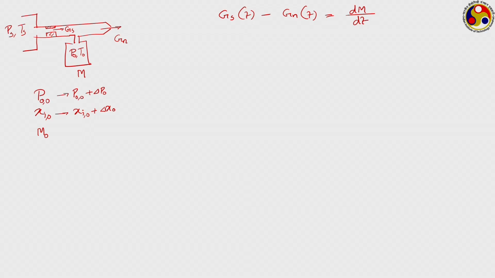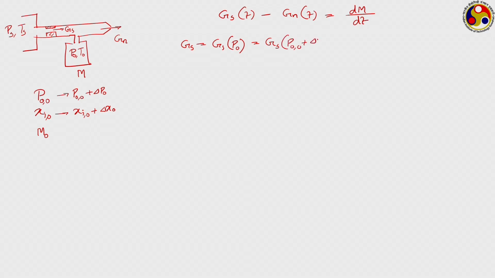So, now if we write Gs, Gs is a function of what? Ps being constant, Gs is a function of P naught only. So, as the pressure changes, we can write this.